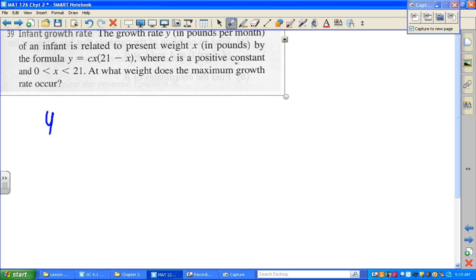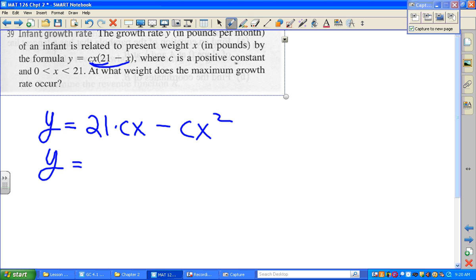Oh, okay. So y equals 21 times cx minus cx squared, right? If you distribute the cx out. Well, if I put it in terms of my quadratic, it's negative cx squared plus 21cx plus 0.